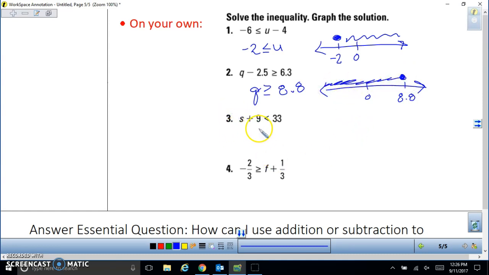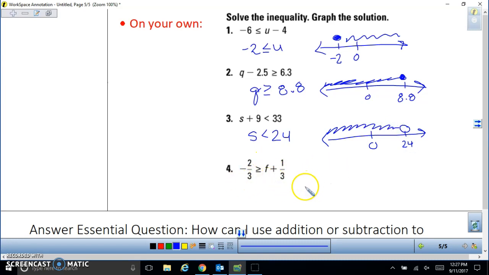Alright, 3, we should have taken away 9 from both sides, and that got that s was less than 24. Graphing it, 24 way over here, open circle because it's not equal to, and then shade to the left.